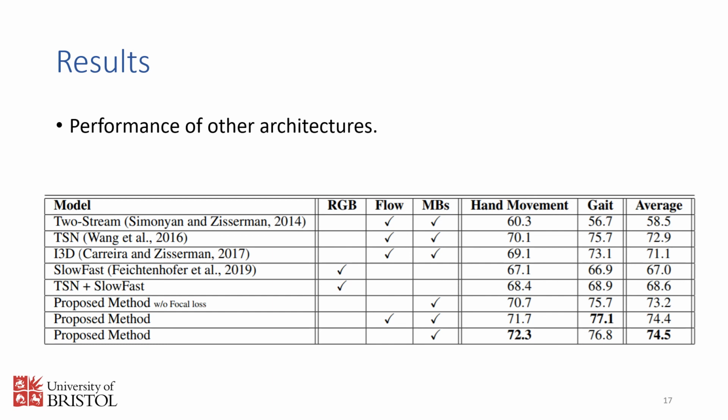Although we examined the performance of these architectures for all possible input modalities, we only report here their best results. So, for example, for I3D, its best result is when using flow and motion boundaries. As shown in the table, our proposed approach performs better than these popular networks for both hand movement and gait tasks.